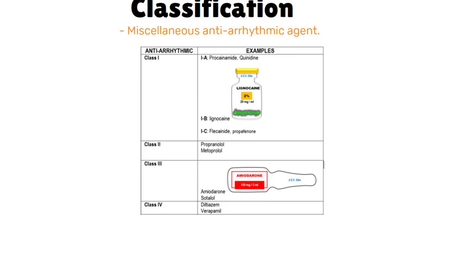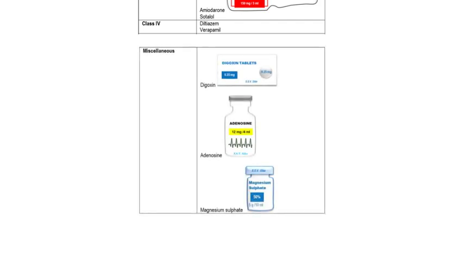Due to its unique mechanism of action, adenosine does not perfectly fit into one of these classes, and therefore it is classified as a miscellaneous antiarrhythmic drug. Other drugs in the miscellaneous category include digoxin and magnesium sulfate. They too have their unique mechanisms of action.